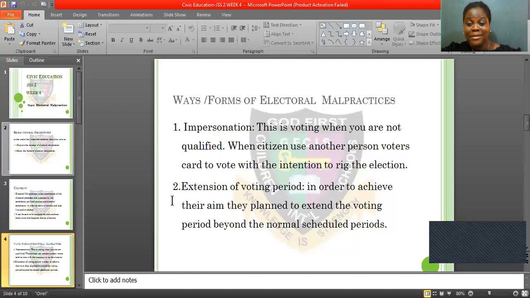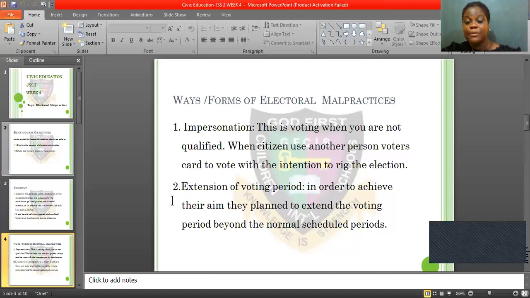The moment some got there, the politicians bribed them with some money, because if they did not accept it in the first instance, they could be killed there. So in order to protect their lives and at the same time still have something to show for it, they just released everything to them. That is electoral malpractice.